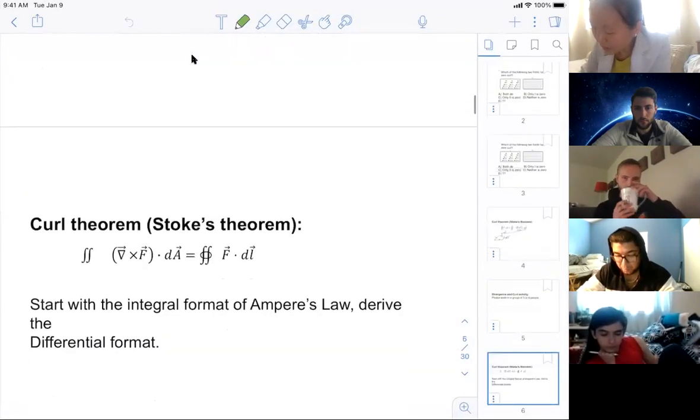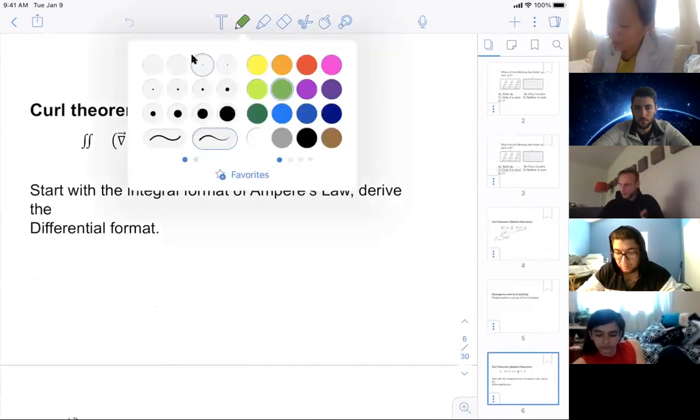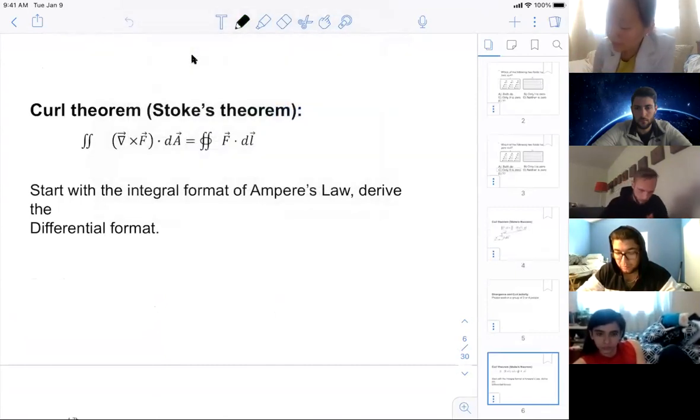So we have done our activity. And again, using the curl theorem, we will be able to start with the integral format of Ampere's law and derive the differential format. So to remind ourselves, can anybody remind us the integral format of Ampere's law? What is Ampere's law? It's about B, the magnetic field, right?